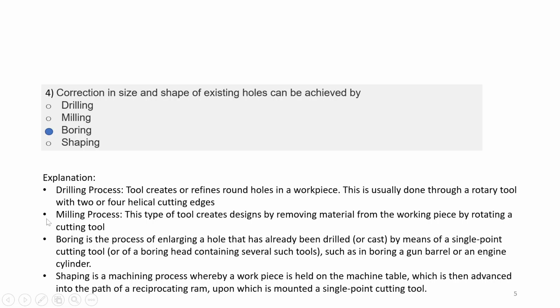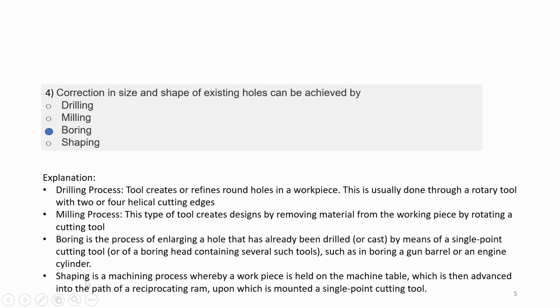In a milling process, the tool creates designs by removing material from the workpiece by rotating a cutting tool. Boring is the process of enlarging a hole that has already been drilled by means of a single point cutting tool or of a boring head containing several such tools.